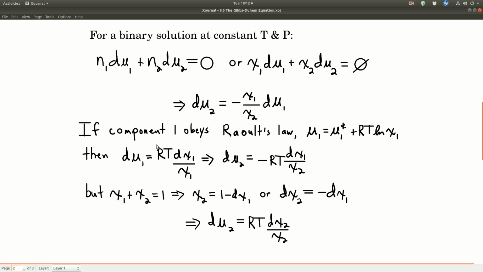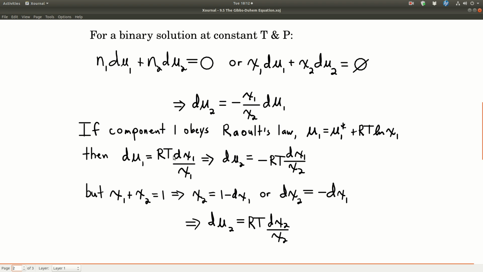Taking the differential of both sides, we get d mu sub 1 equals, because mu 1 star is a constant so d mu 1 star is 0, RT d mole fraction of 1 over the mole fraction of 1. d ln x equals dx over x.